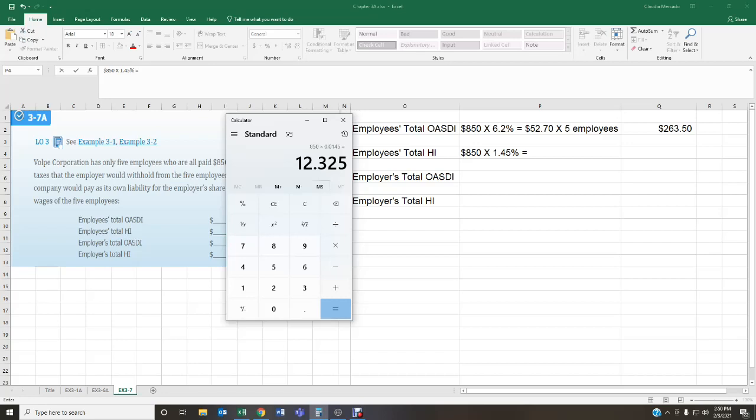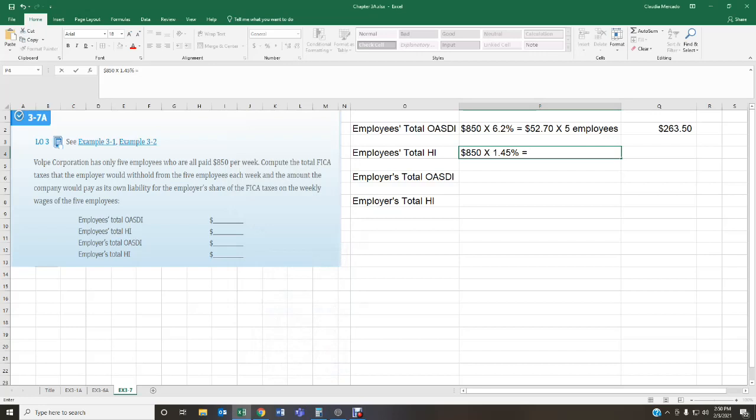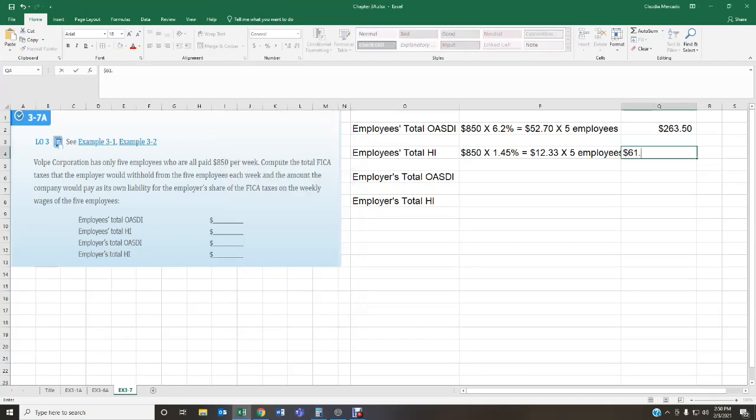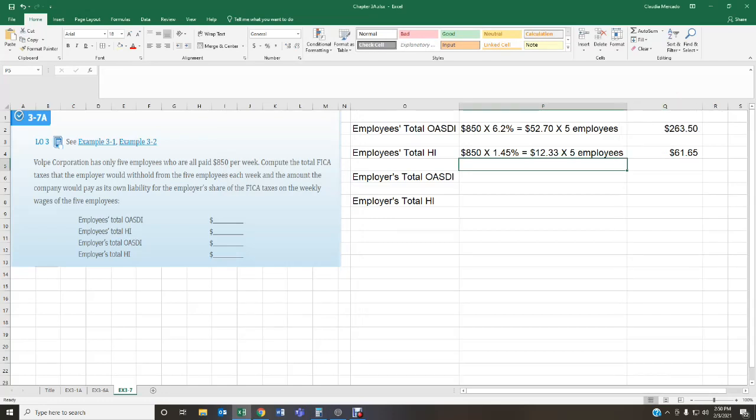Once I figure that out, I'm going to multiply by 5 employees. So $12.33 times 5 is $61.65. So that is my HI tax. This is how much is going to get deducted from the 5 employees: $263.50 for OASDI and $61.65 for HI.